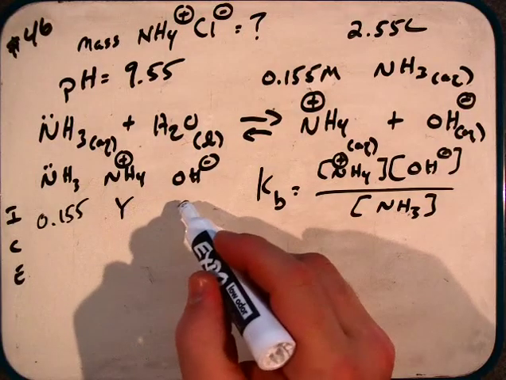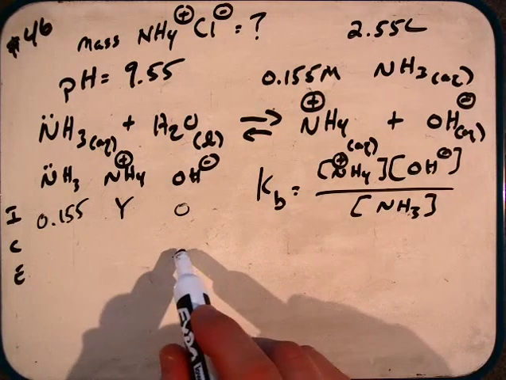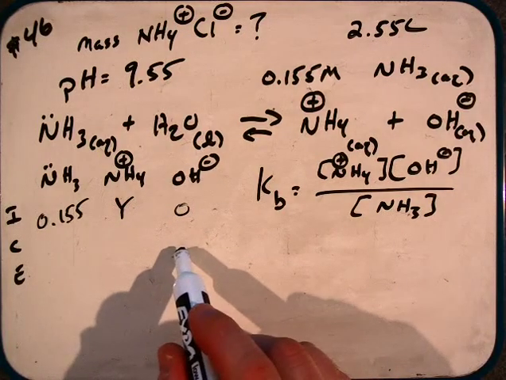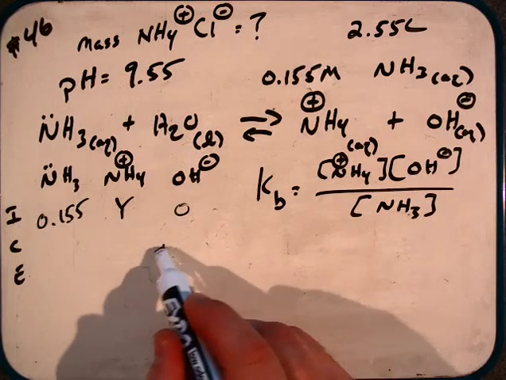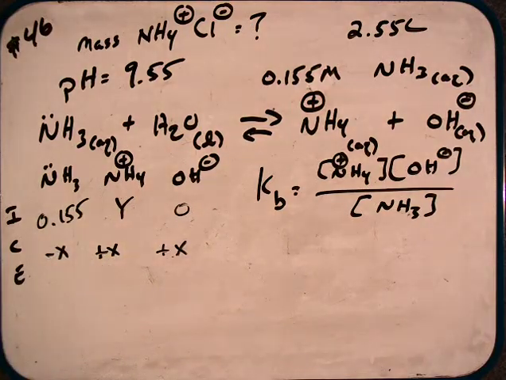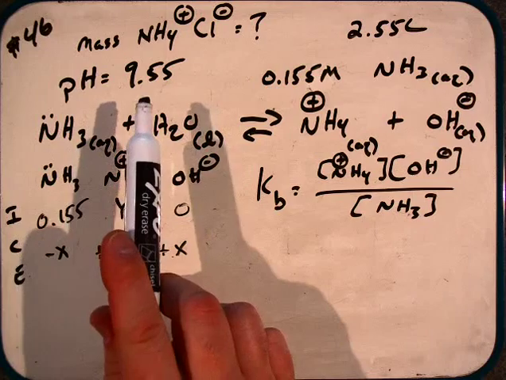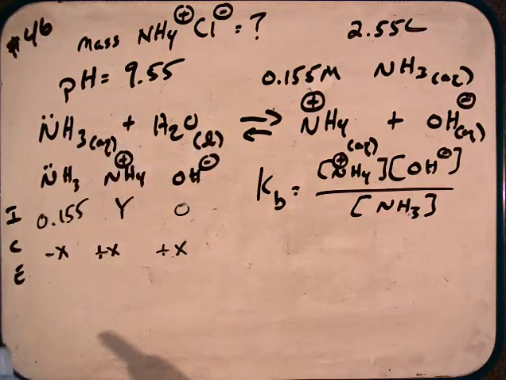Our hydroxide we begin with is 0, but we do know what the change is. As far as x is concerned, our plus x and our minus x, we know what x is because we know what the pH is.